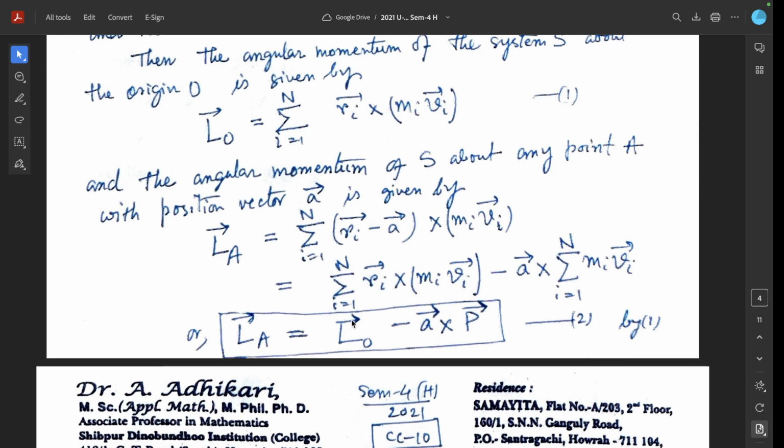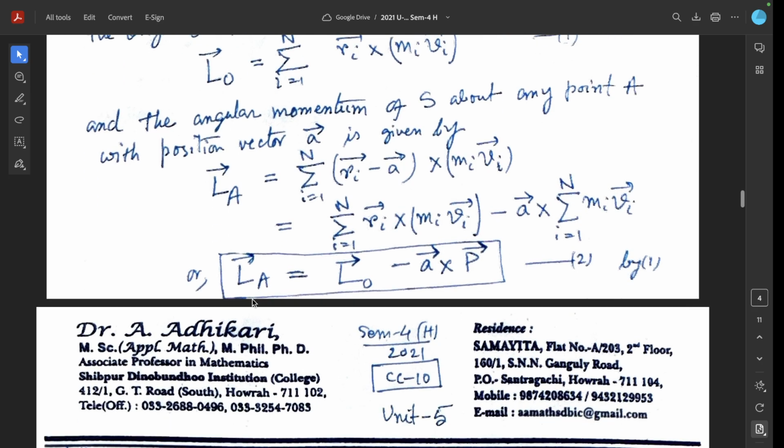So this equals L_O vector, the angular momentum about O, minus a cross P vector. Actually, P is the linear momentum of the system. So the angular momentum of the system about any point A is L_A vector equals L_O vector minus a vector cross P vector, where a is the position vector of the point A, and P is the linear momentum of the system S.